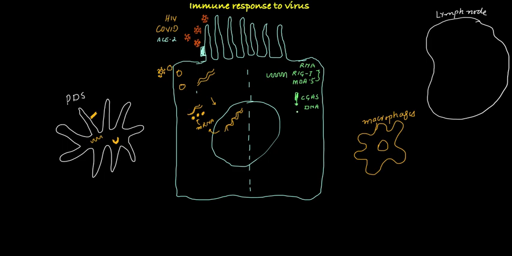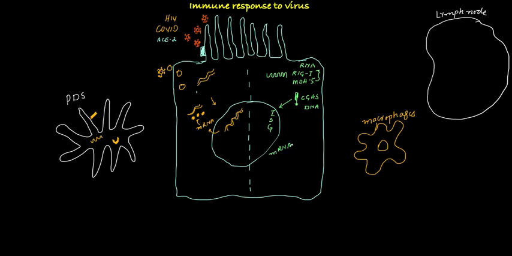Once these receptors detect the nuclear material of a virus, there is intracellular signaling, and it is going to activate special genes, for example ISG, interferon stimulating genes.